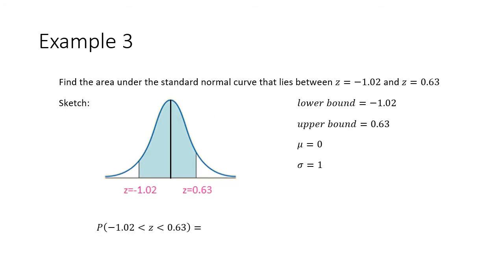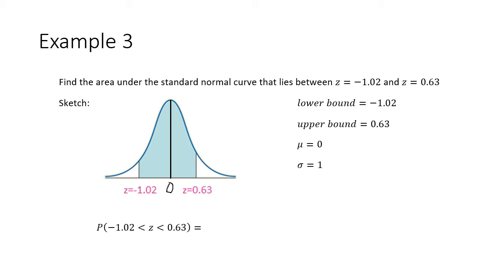Okay, on to example 3. So in this example, we're still dealing with the standard normal curve, but now we're going to look for the area or the probability between two z-scores. So now we have a bounded region under our normal curve. Again, always a good idea to make sure you start with the mean being that peak. And again, in this case, it's 0.